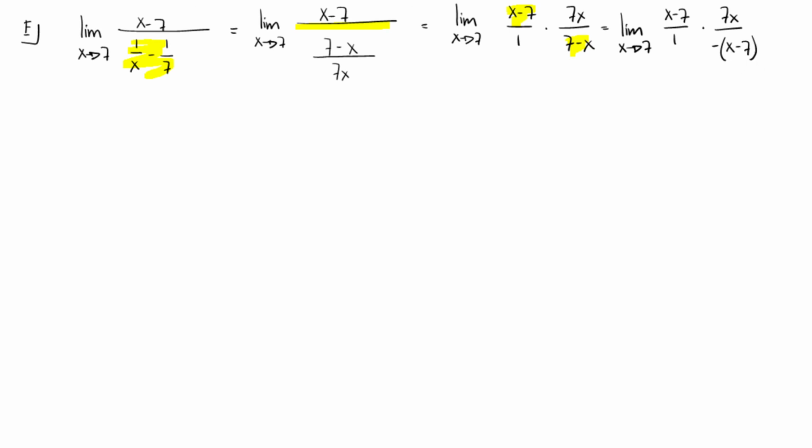And now we can go ahead and cancel this against this binomial. And so now we're left with the limit as x tends to 7, and we simply only have -7, right? Because there's a minus sign there, so it's going to be -7x. That's all that's left. Now we can plug in 7 for x. So we're going to get -7 times 7 equals -49.